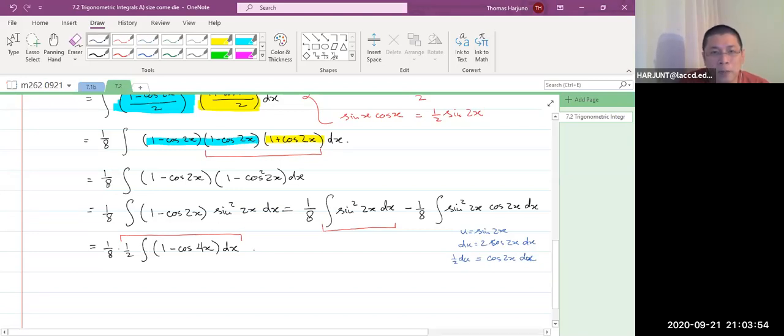So this is minus 1/8 times 1/2 integral u squared du. The 1/2 du absorbs the cosine 2x dx.